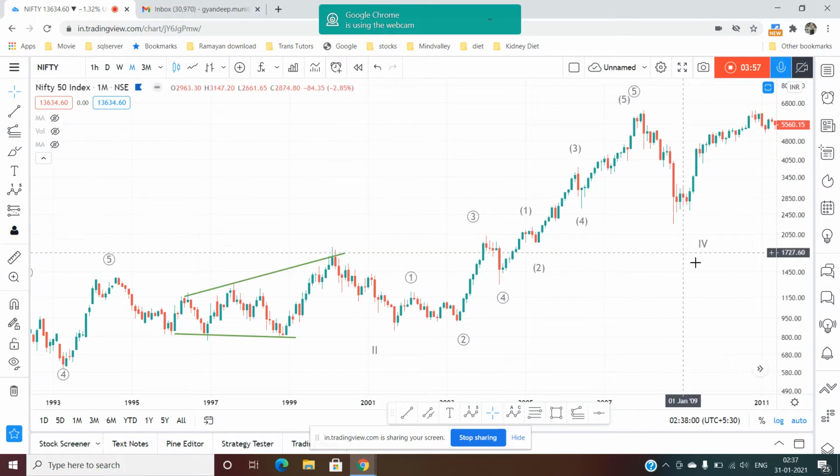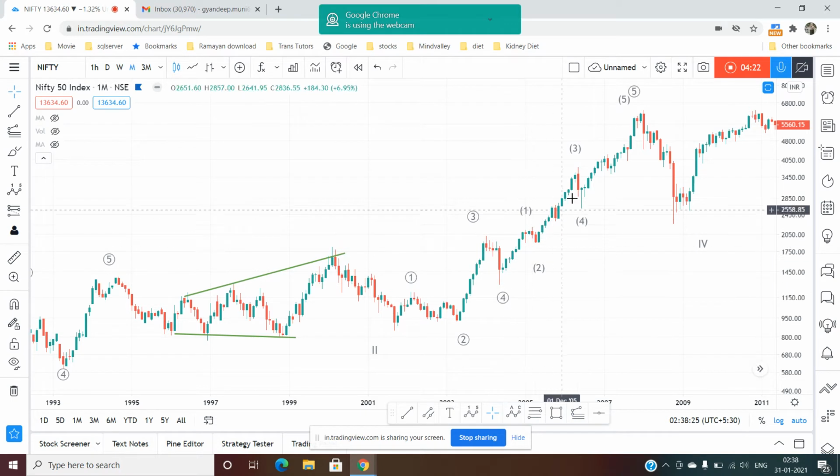Now we can see the higher degree, the cyclic degree fourth wave, is coming and stopping at the previous lower degree of the fourth wave. So this cyclic fourth wave is stopping at the intermediate fourth wave of the cycle.